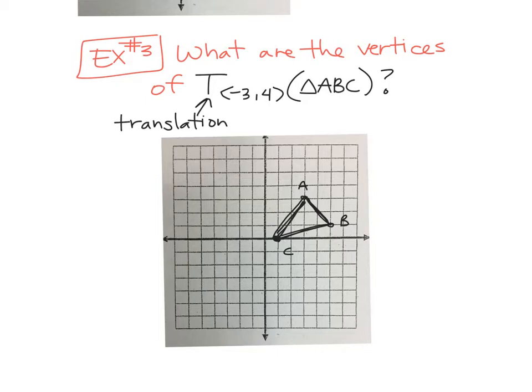The translation is -3, 4. So keeping in mind that this is your X value and the 4 is your Y value, what is that telling you to do? Where do you move? 3 where? Across.